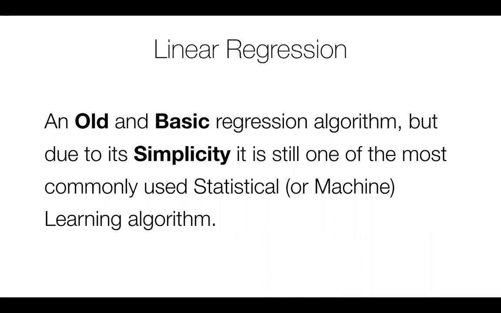I bracketed "or machine," so it's up to you. It's not a big deal, but usually people say this type of algorithm is a statistical learning algorithm because it comes from a statistical background rather than an engineering side of things.